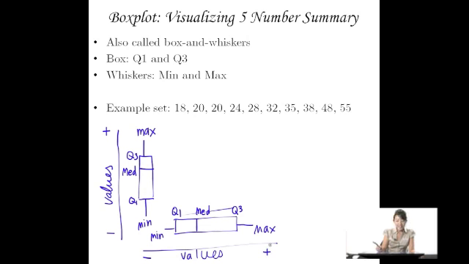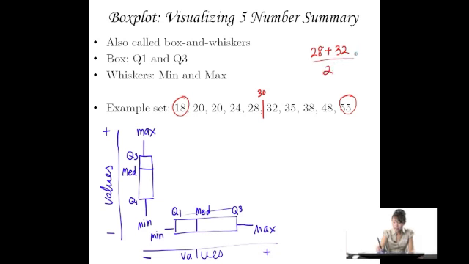All right, let's do an example box plot here by hand. Here's an example set. We can easily see what the minimum and the maximum are, so we already know that. Let's find out what the median is. The median should be right here, so that should be 30, because I'm going to add 28 and 32 and divide by 2.